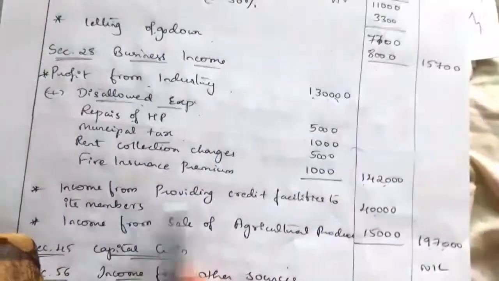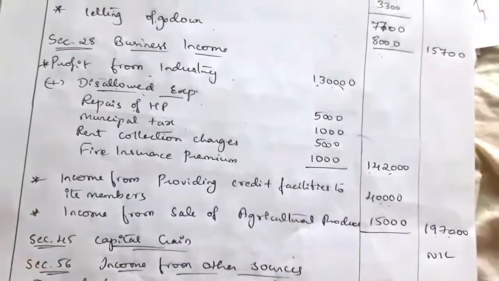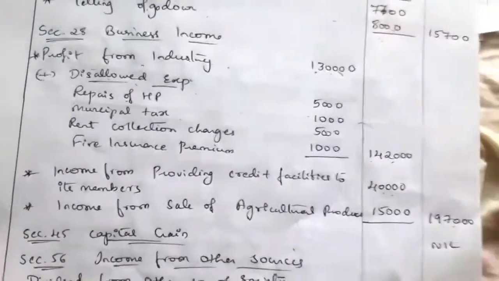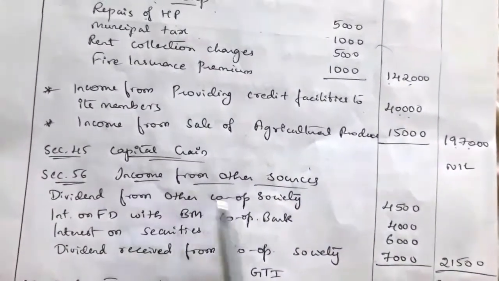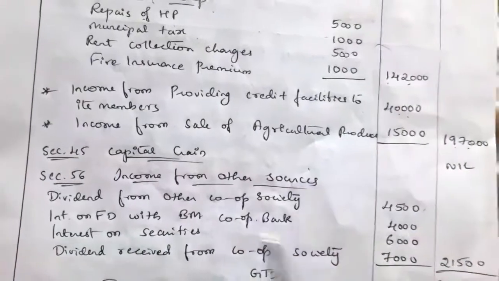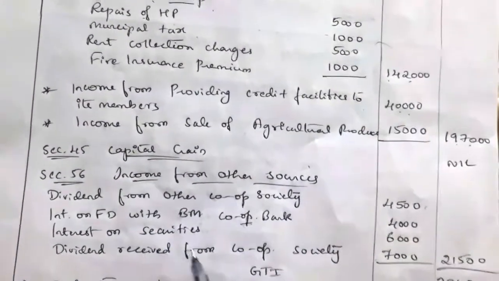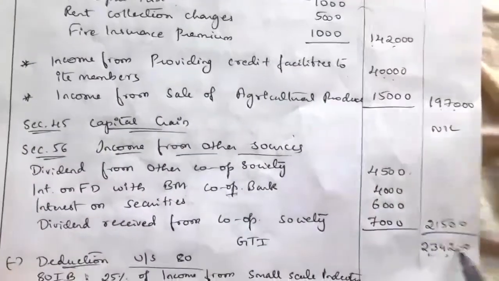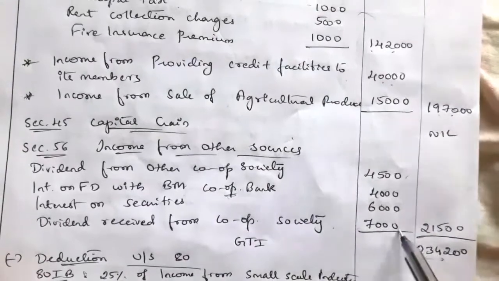Next we can take income from providing credit facility 40,000, income from sale of agricultural produce 15,000. Then dividend from other cooperative society 4,500, interest on FD with the BM Cooperative Bank 4,000. Then this one we cannot claim because GTI is more than 20,000. Then dividend received from cooperative society 7,000.